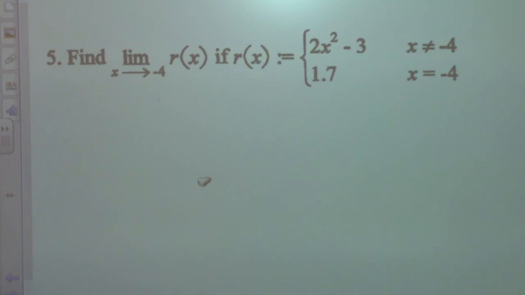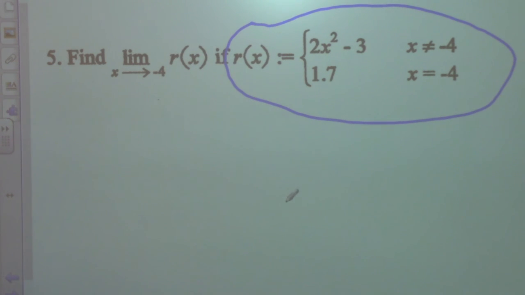This is another type of problem. It just looks different. This is a type of function, and I don't remember if we talked about this last year, but if we did, we didn't talk about it very much. What kind of function do we call this?